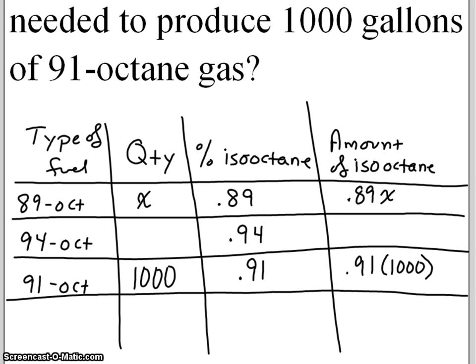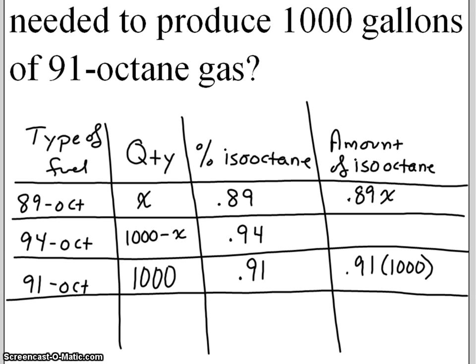What goes in that other box right there? Well, if we're mixing x gallons, it's going to be measured in gallons, x gallons of 89 octane with 94 octane to produce 1,000, this has to be 1,000 minus x. It's the other missing part.